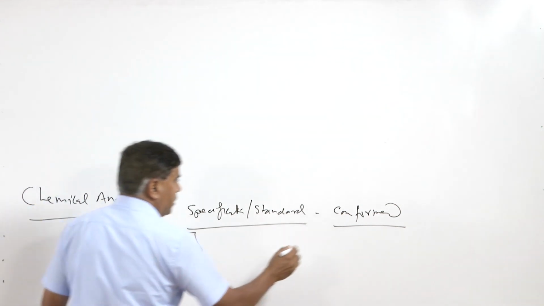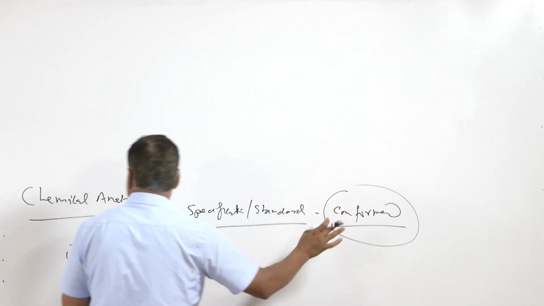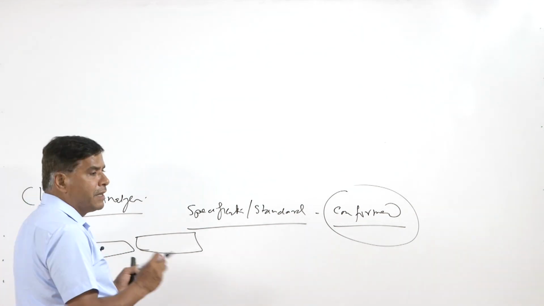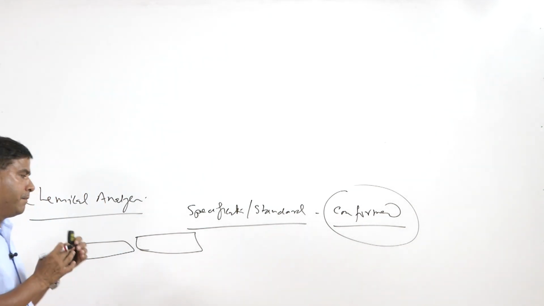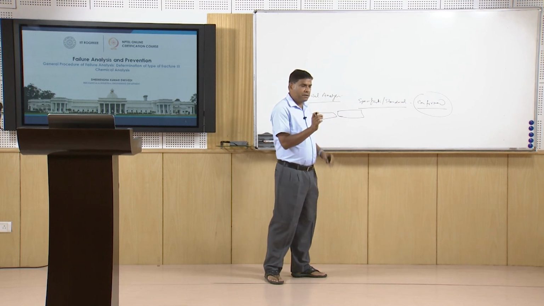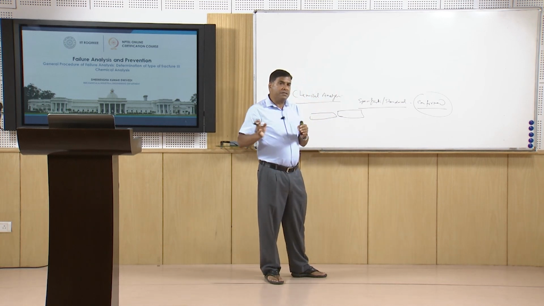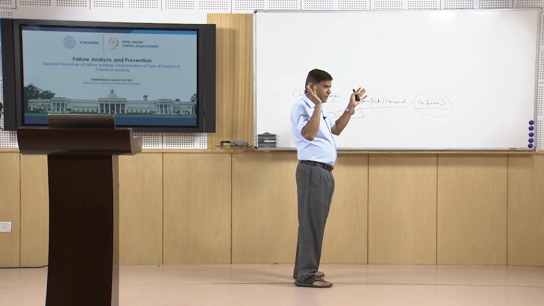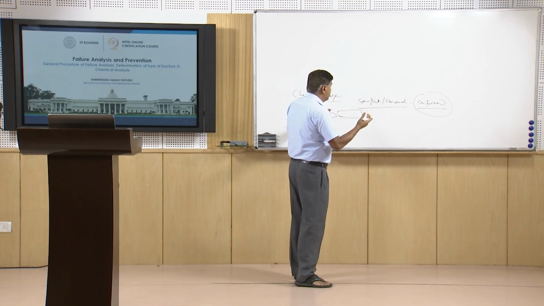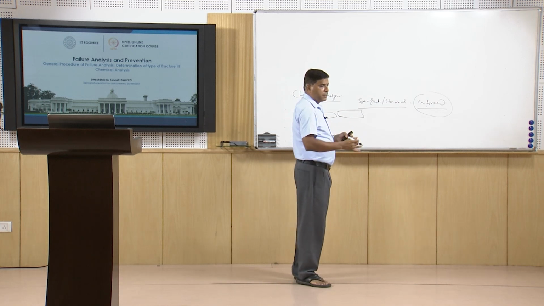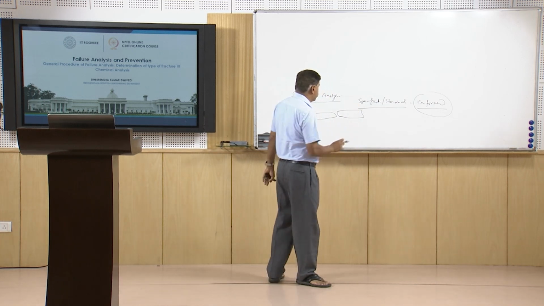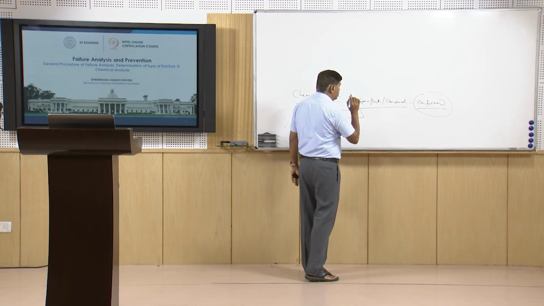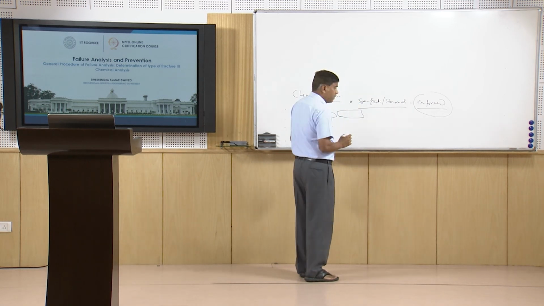So confirmation of the chemical composition is one thing we want to do through chemical analysis. Minor variation is not attributed to a deficiency in chemical aspects, but if the variation is really significant, then this can be one of the aspects, because it affects a lot of things related to material structure, properties, cracking sensitivity, etc.